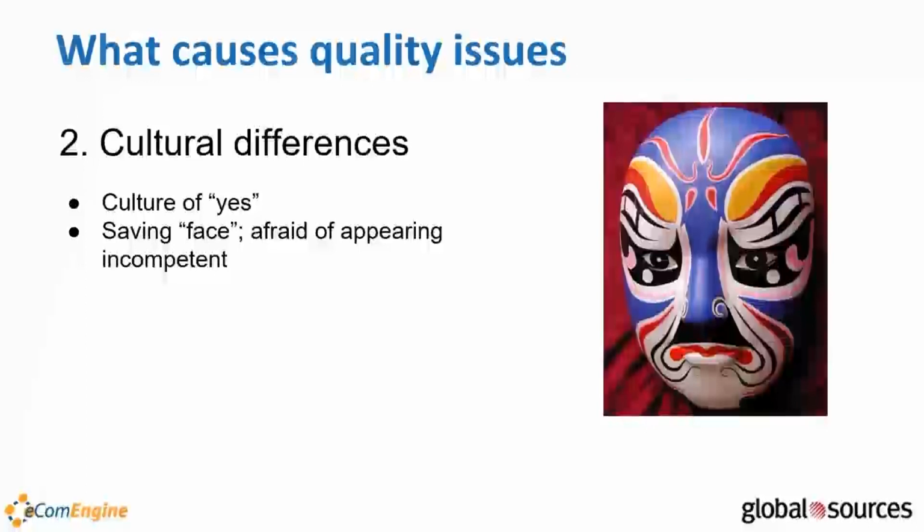And then once you've placed the order, they will subcontract to another factory that may or may not understand your requirements clearly. And sometimes sales reps might promise you shorter delivery times than they can manage.